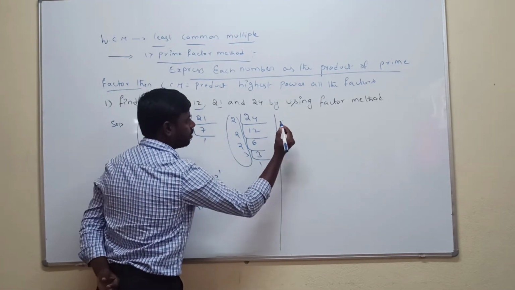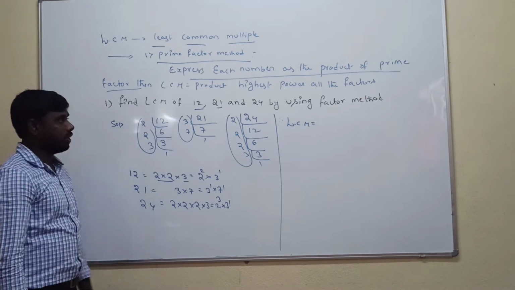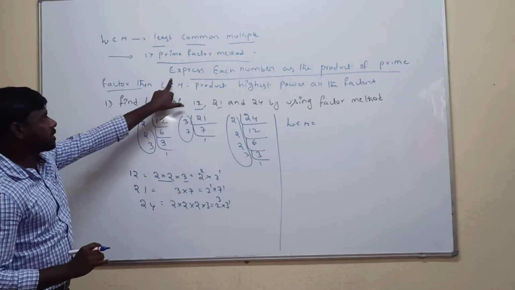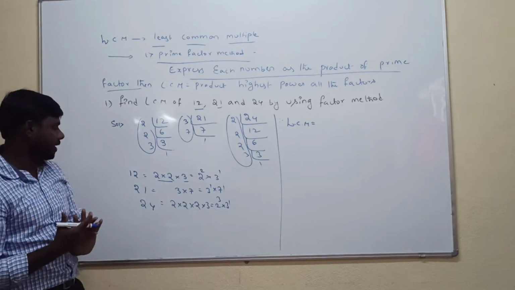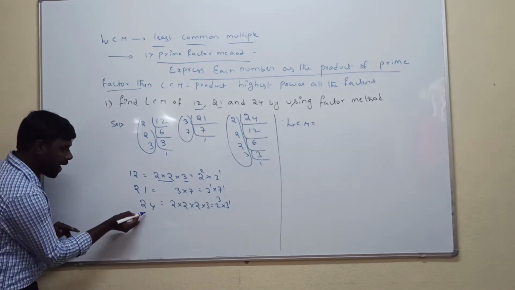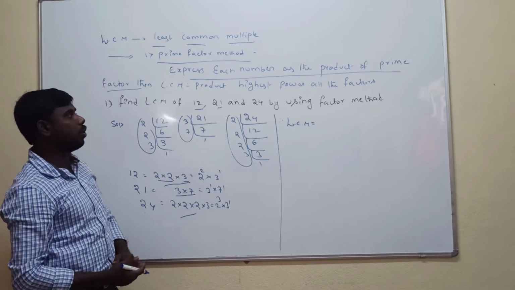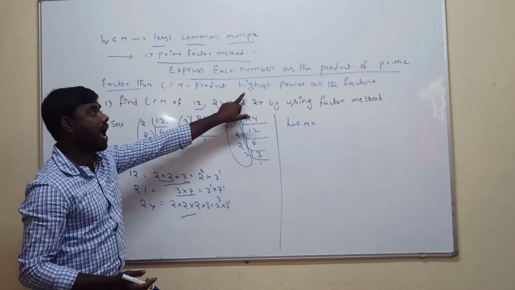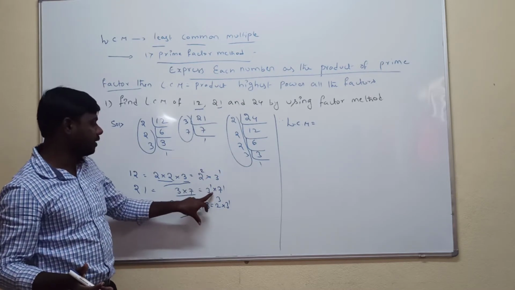Now LCM. Listen: express each number as the product of prime factors, then LCM is equal to the product of the highest power of all the factors. What are the elements present here?